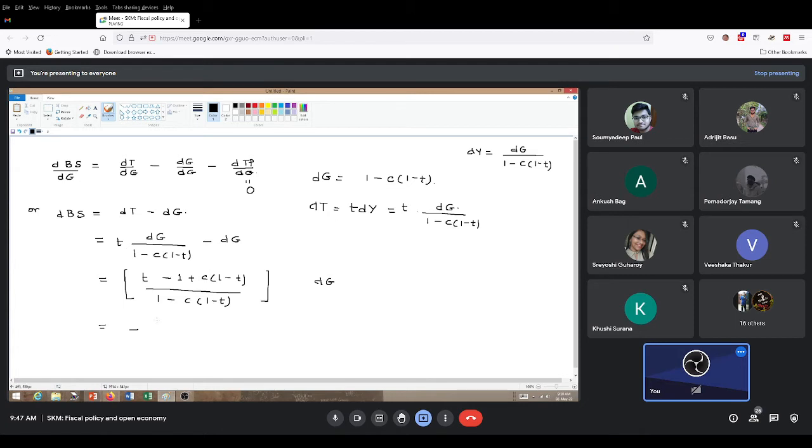So if I take minus 1 common, 1 minus t minus c(1 minus t). So this is minus [1 minus c(1 minus t)].